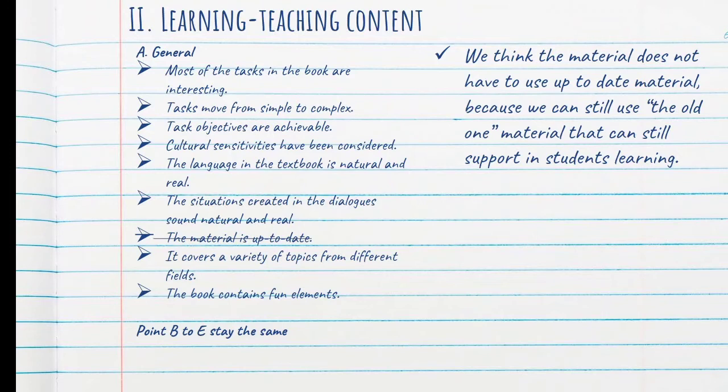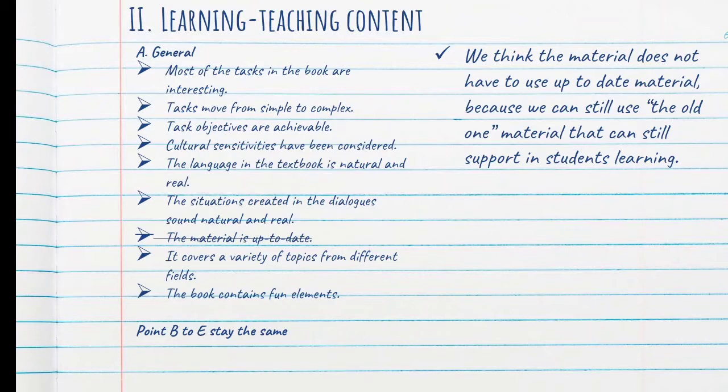In this part, we decide to delete the point "material is up to date," because we think material does not have to be updated, because we can still use old material that can still support the students' learning. It is not necessary for the textbook to have updated material, but to have appropriate material.